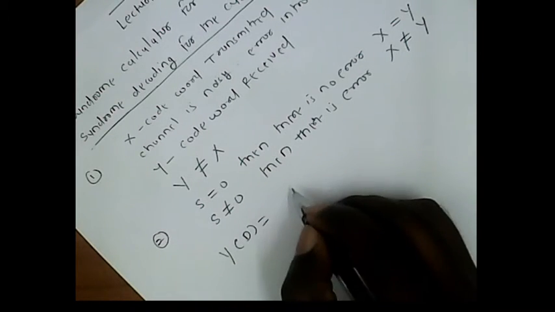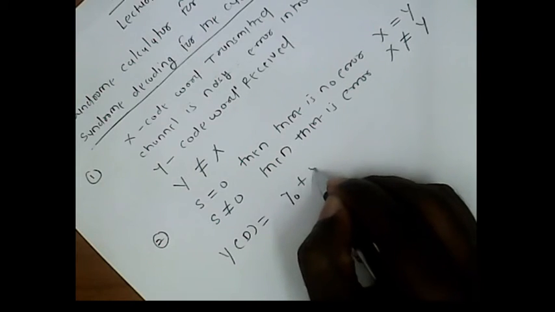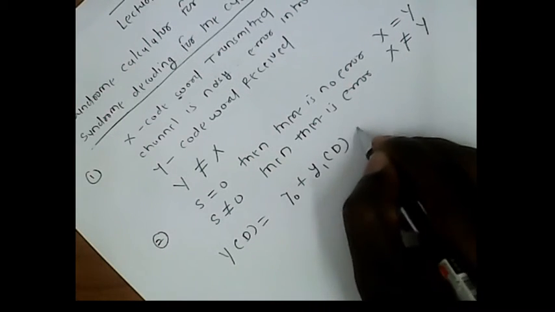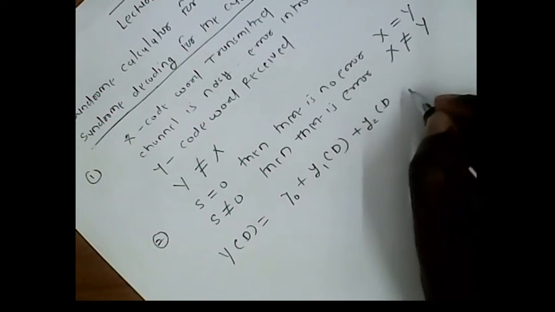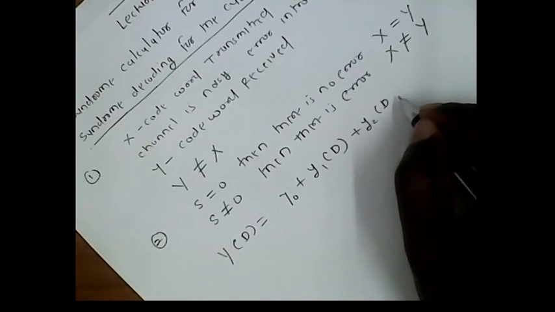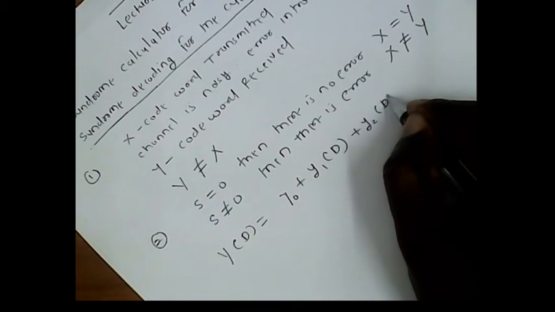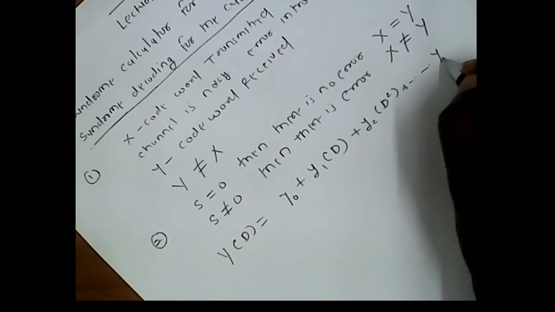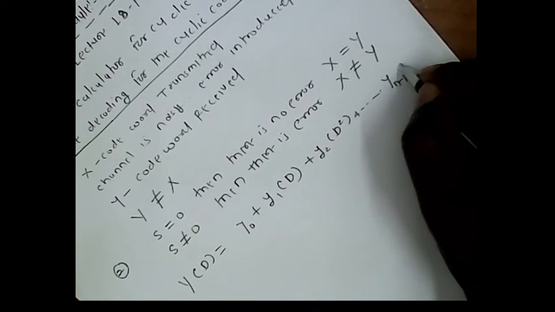In case of cyclic code in systematic form, the syndrome can be calculated in easy steps. The received code word in polynomial form is y of D equals y0 plus y1 D plus y2 D squared, and so on, up to y n minus 1 D raised to n minus 1.